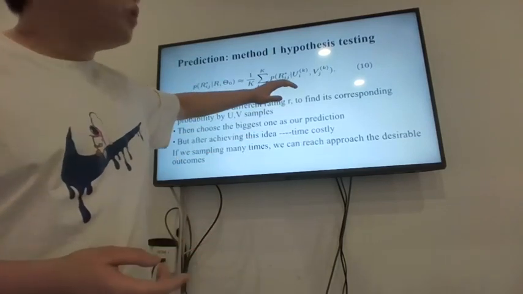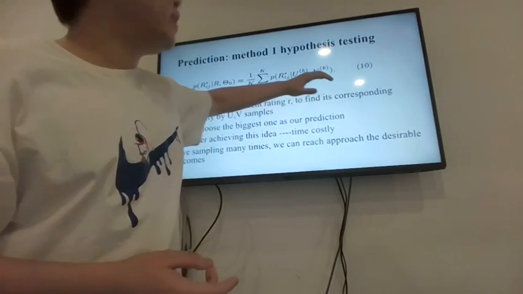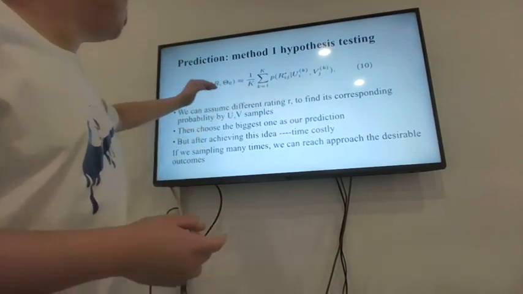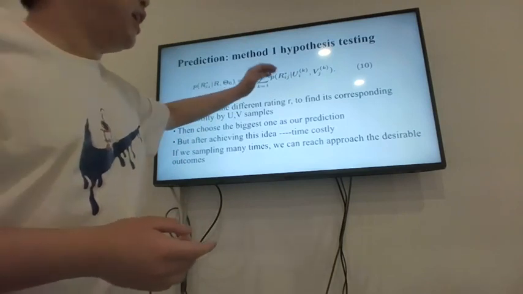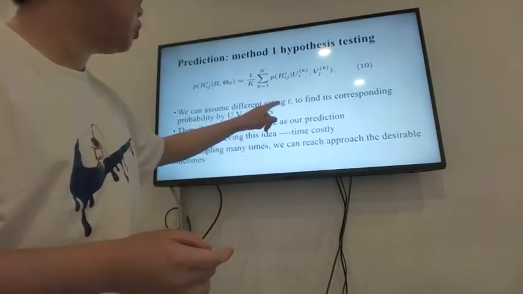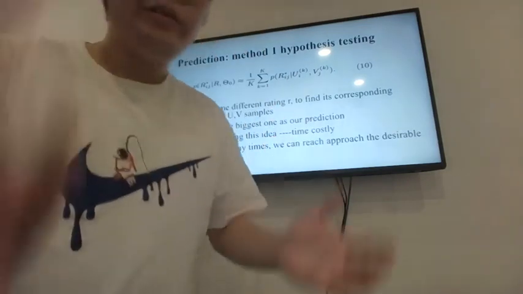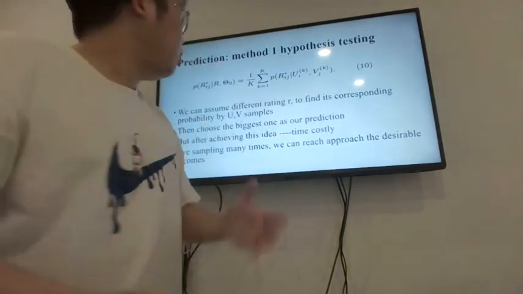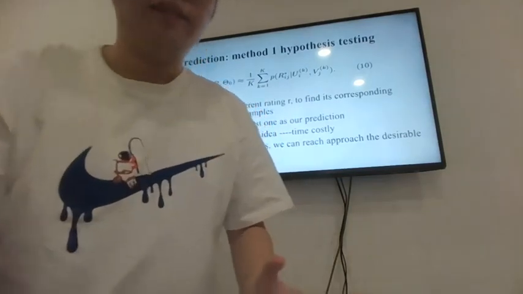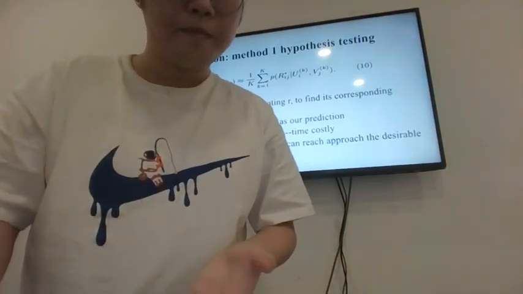For 0.5, we sample many Ui and Vi, calculate the corresponding probability, and take the average as the true probability. We repeat this step for R equals 1, 1.5, 2. Finally, we find all the estimated probabilities and select the biggest one as our prediction.